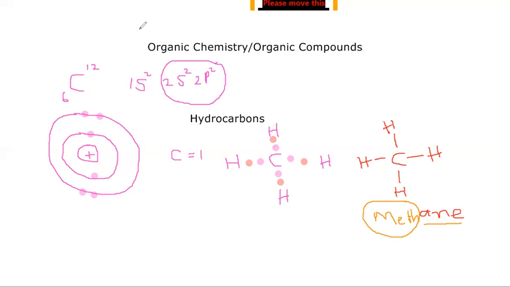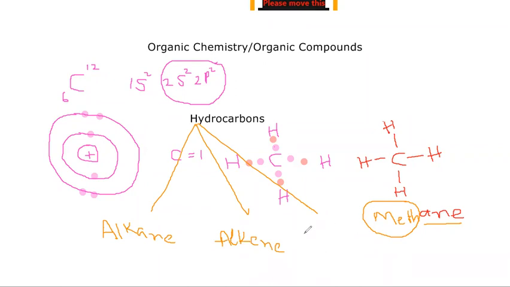I am just discussing the first example, carbon atoms, and if I further divide, there are three types of hydrocarbons. The first one is the alkane, the second one is the alkene, and the third one is the alkyne.